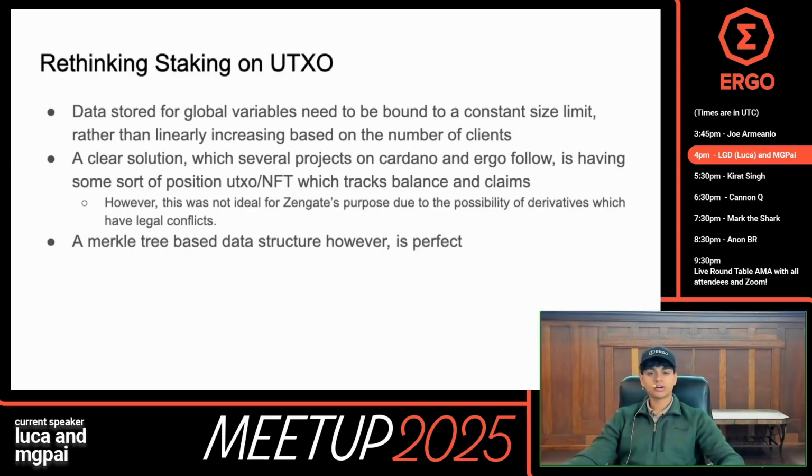However, this was not ideal for Zengate's purpose because of legal conflicts. The problem is that you can have derivative markets of something like a position token, because I can take my position token and say, okay, I don't want to be in this anymore, but I don't want to lose that accumulation of rewards, right?